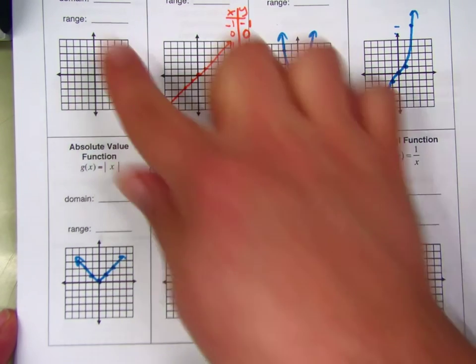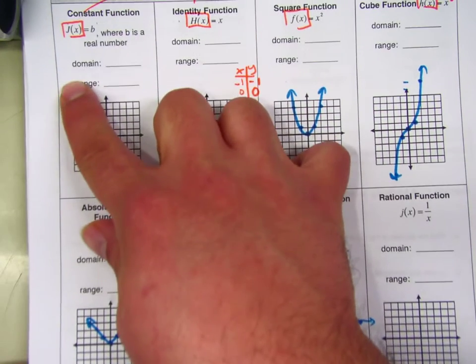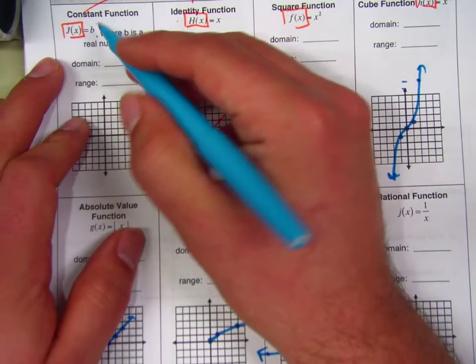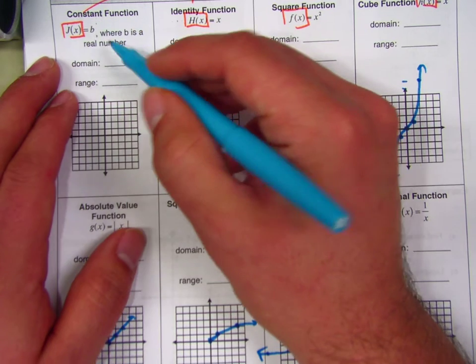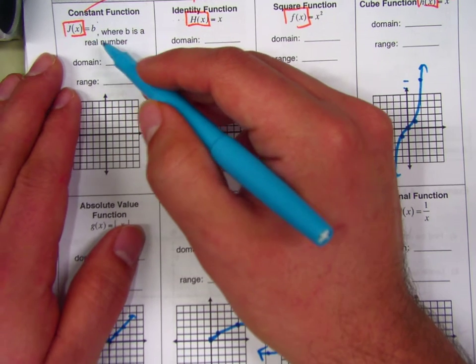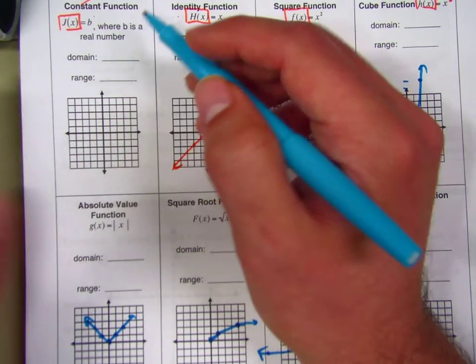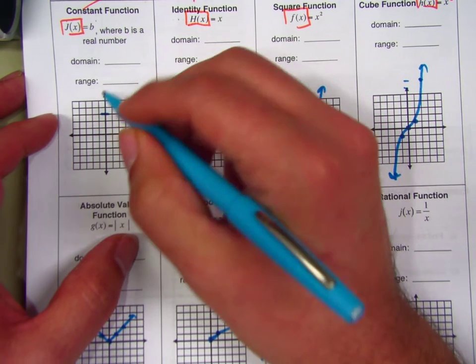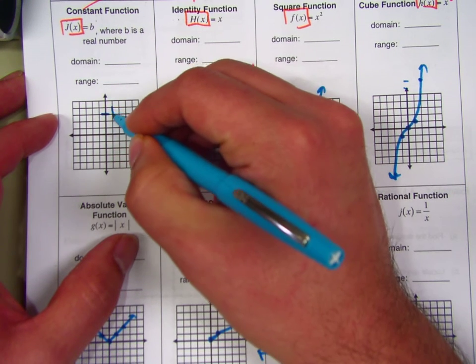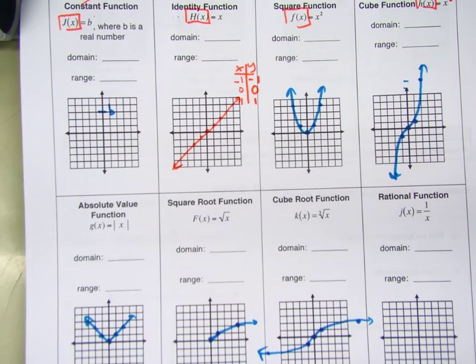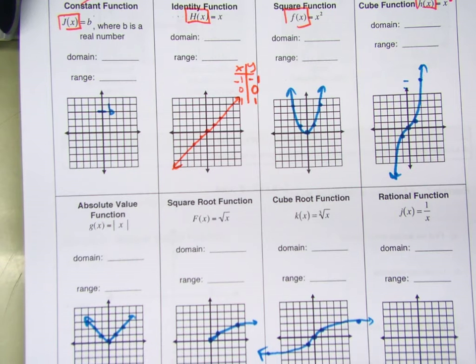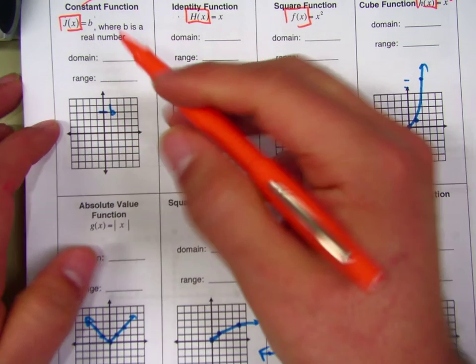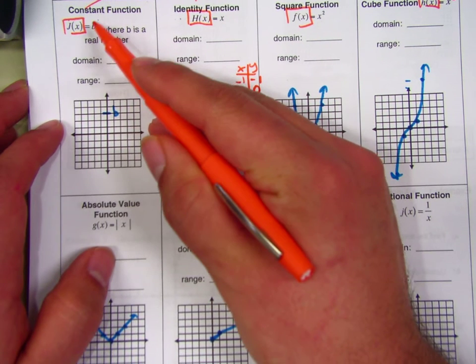Let's talk about this one, the one that we kind of skipped at the beginning. So B represents a real number, okay? So I'm going to just label, let's say this up here represents B, okay? Is there an X in the formula here?